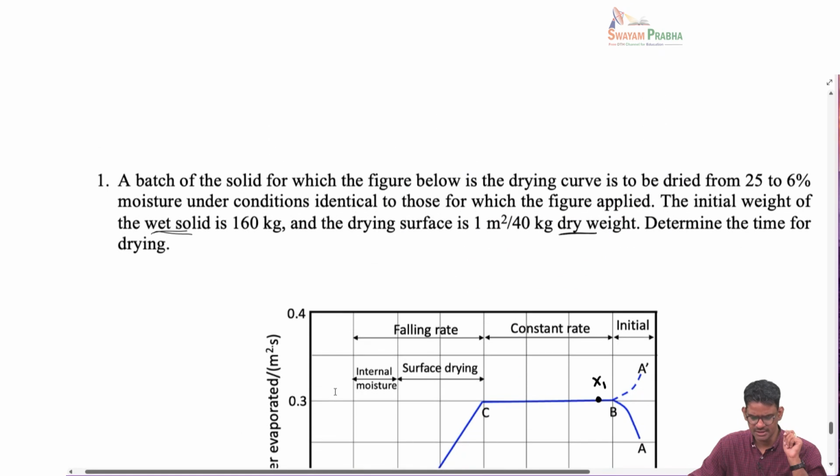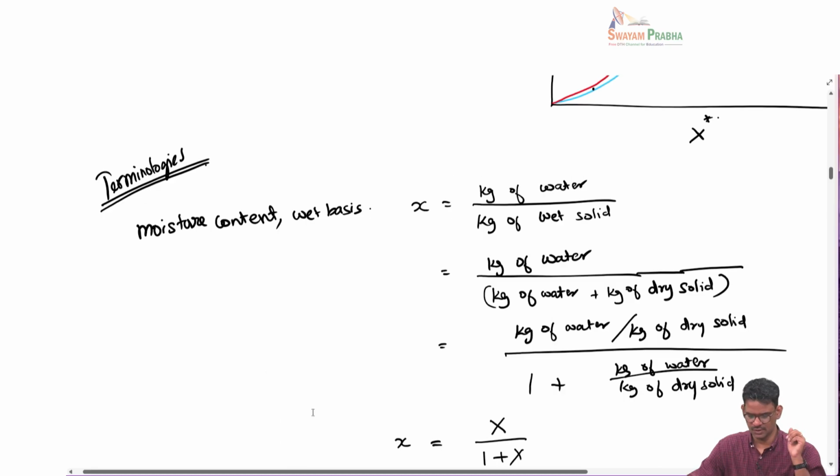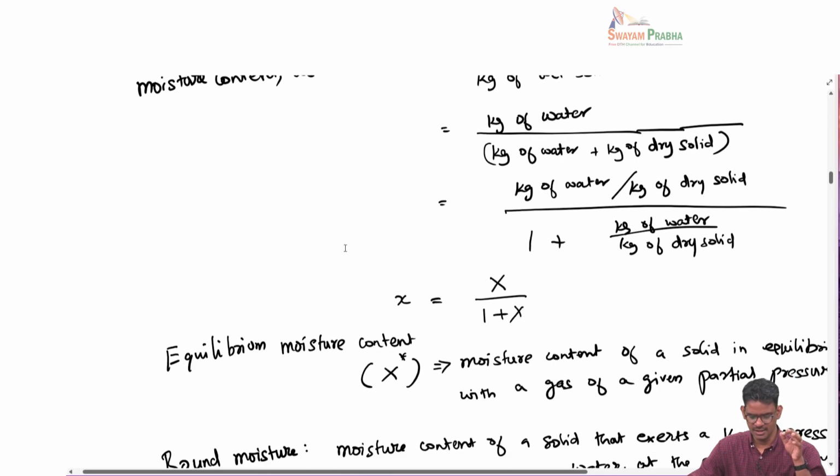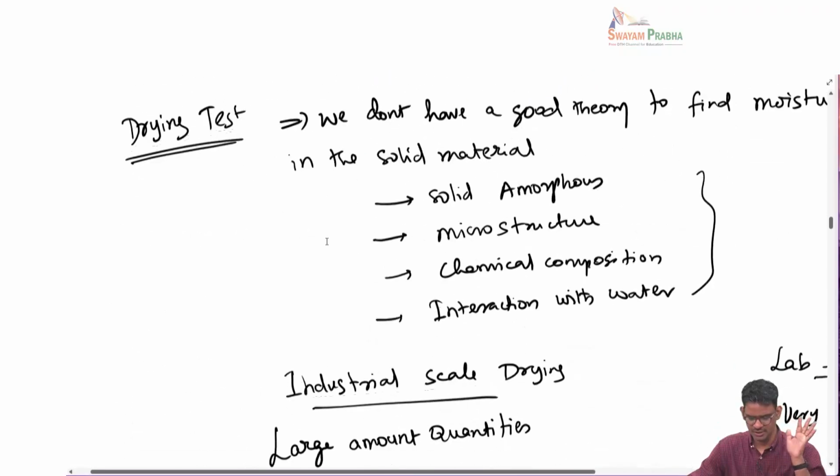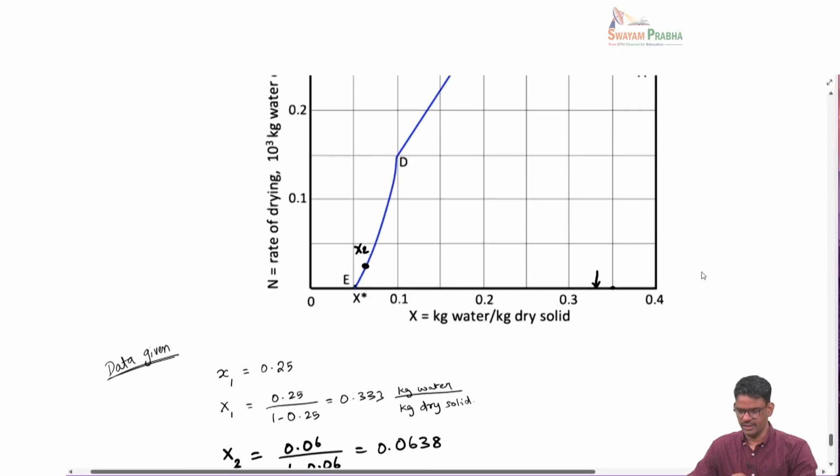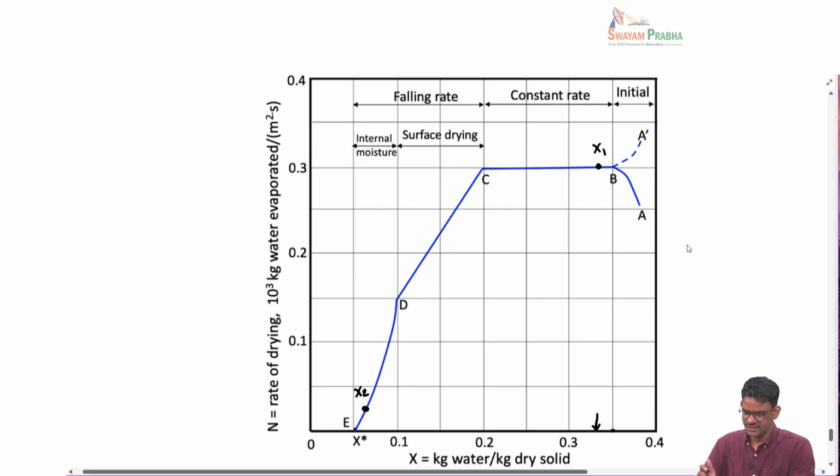Sometimes it's mentioned, maybe for this particular problem it is not mentioned, but usually it is. If it's not mentioned, you take it as a weight basis. If you remember, the moisture content was introduced on a weight basis for the first time. So now what we have found is the time taken for drying from x1 to xc.